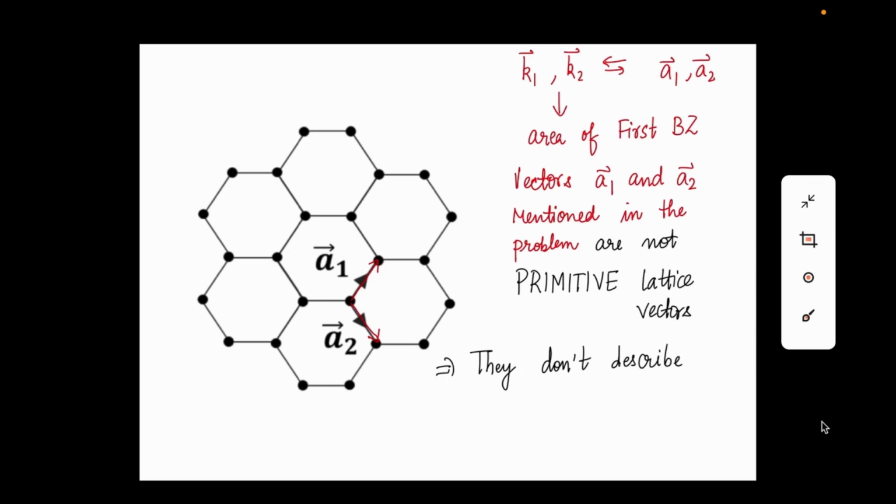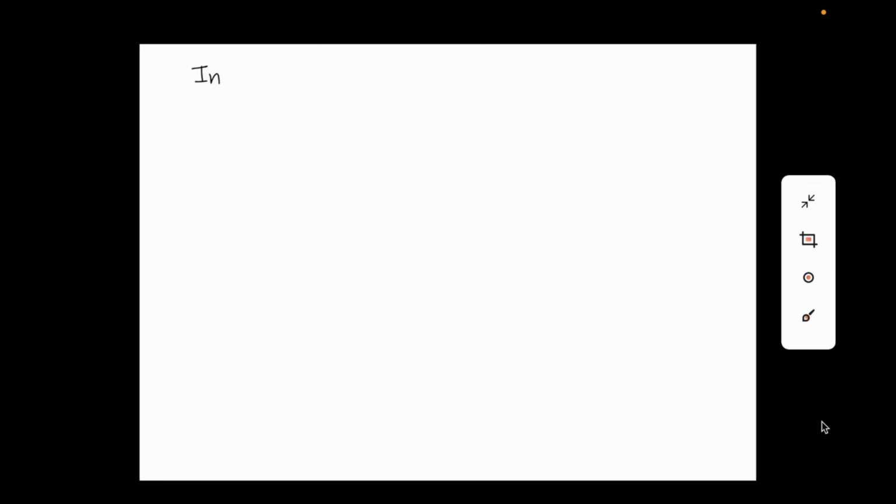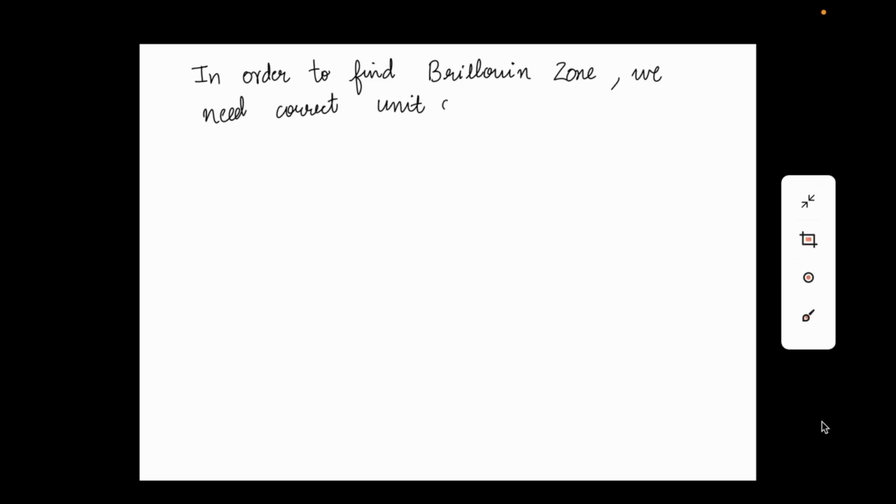That is the meaning of this statement. In order to find the Brillouin zone, we need the correct lattice vectors, the unit cell vectors.